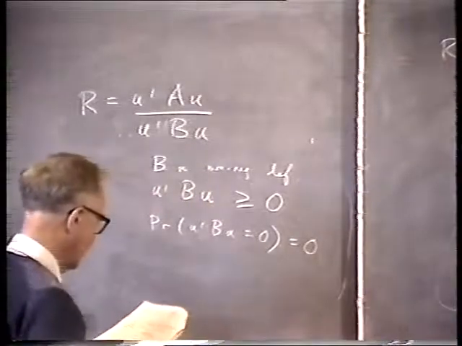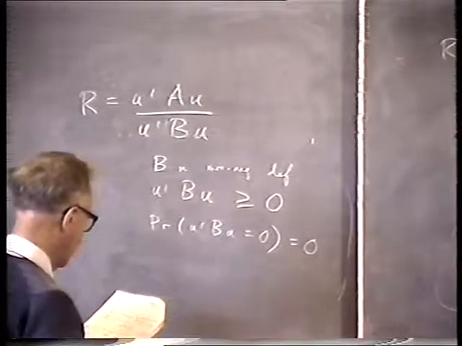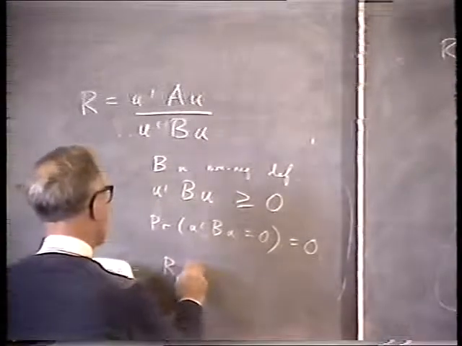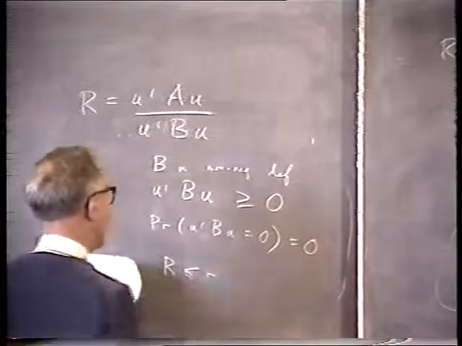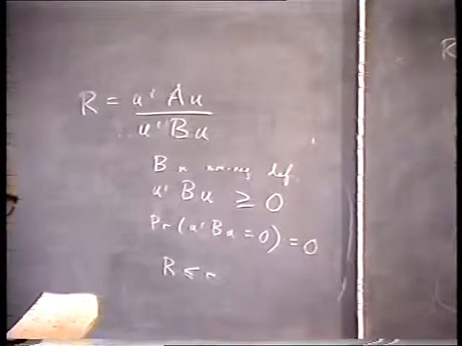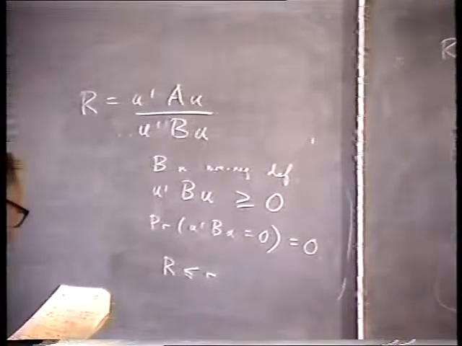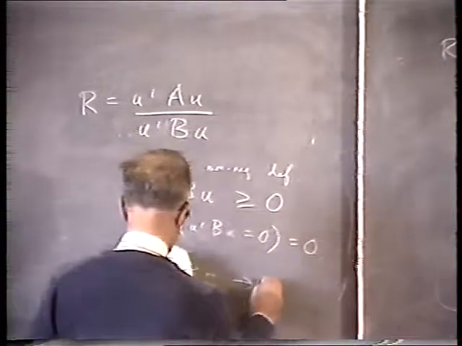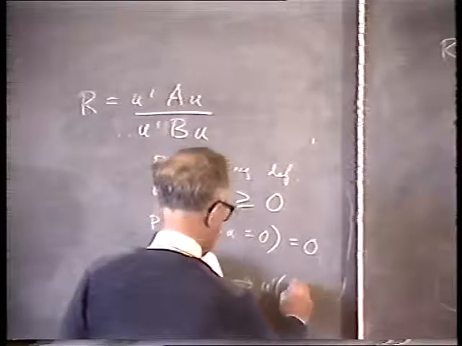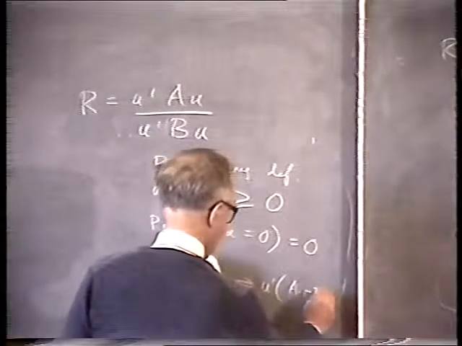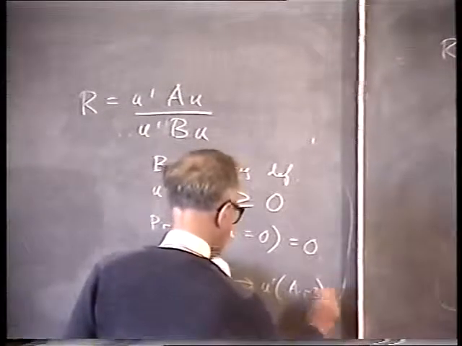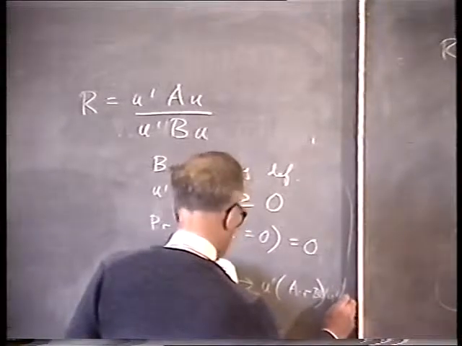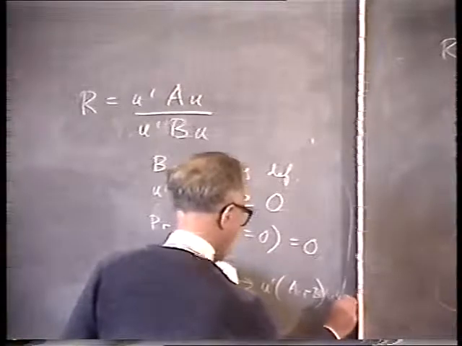What we're then going to look at is the probability that r is less than or equal to R. And of course, if r is less than or equal to R, that implies that u prime (A minus RB) u is less than or equal to 0.